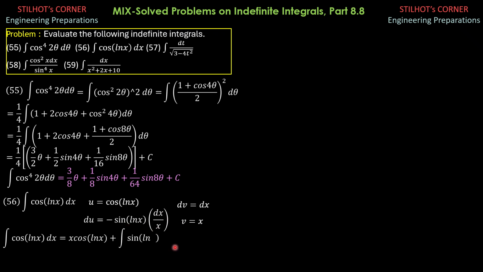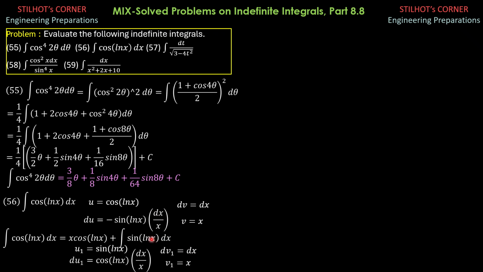For this part, integral of sine ln x dx, let's put u sub 1 equals sine of ln x. Then the differential u sub 1 is cosine of ln x times dx over x. That means differential v1 is dx, so v1 is x.